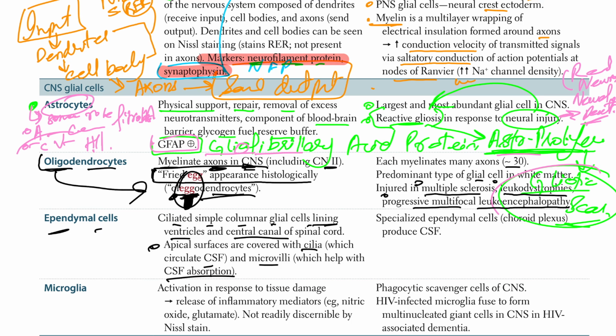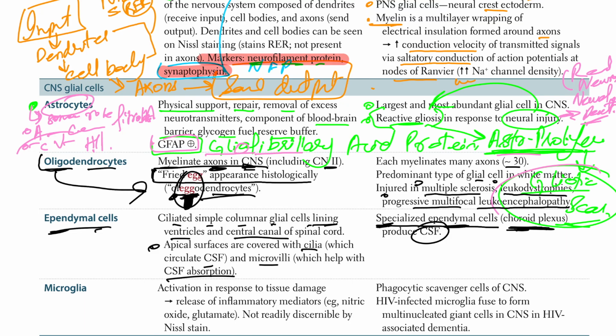They are specialized ependymal cells, which are known as choroid plexus. They produce CSF, high yield. What produces CSF? The specialized ependymal cells produce the CSF. Okay, and what are these ependymal cells?